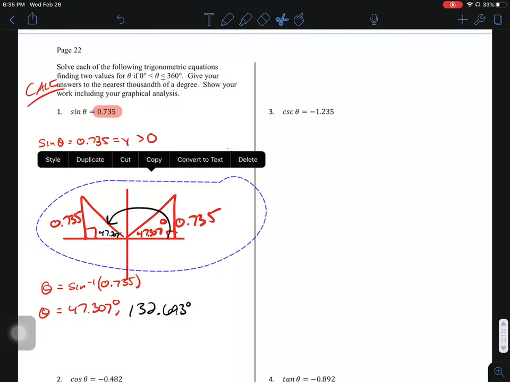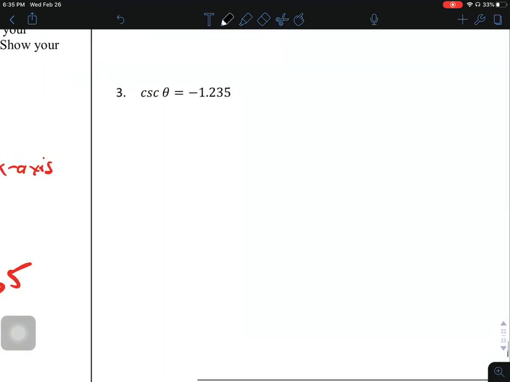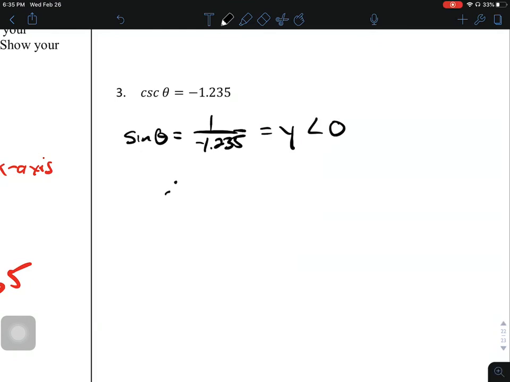Number 3. The advice that was given is put this in terms of sine, cosine, or tangent. So this would be sine of theta is the reciprocal of this fella. Sine is y, and that's less than 0.